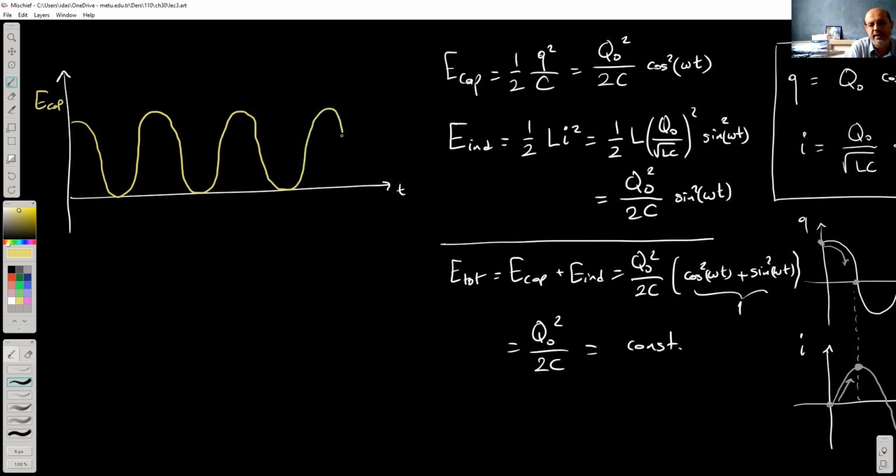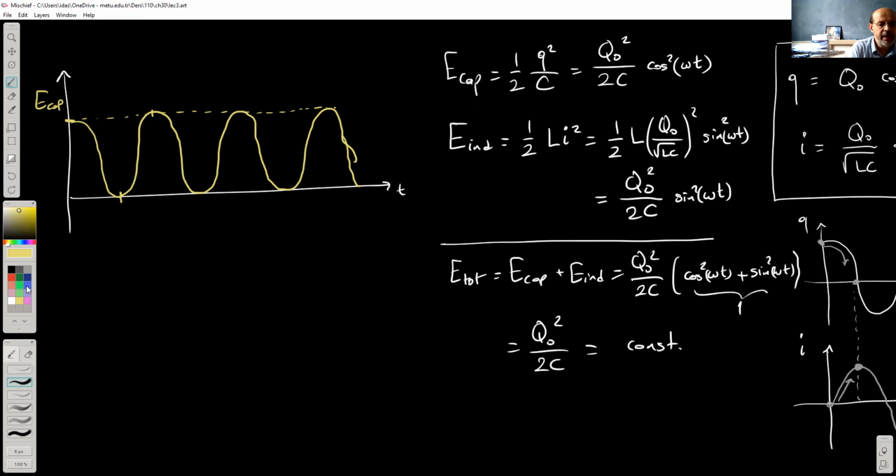It starts from some initial value, decreases to 0, and then starts increasing again to the initial value, and it just continues like that, and so on.